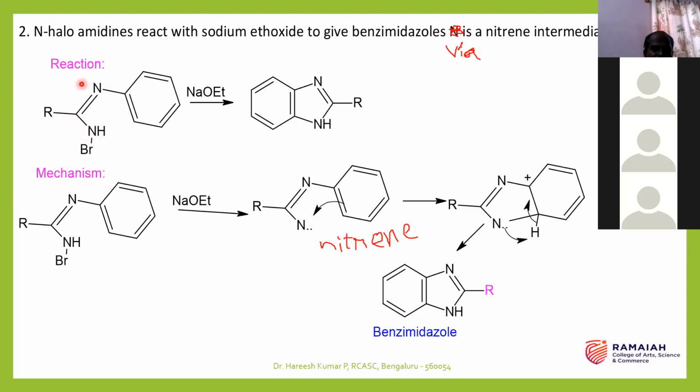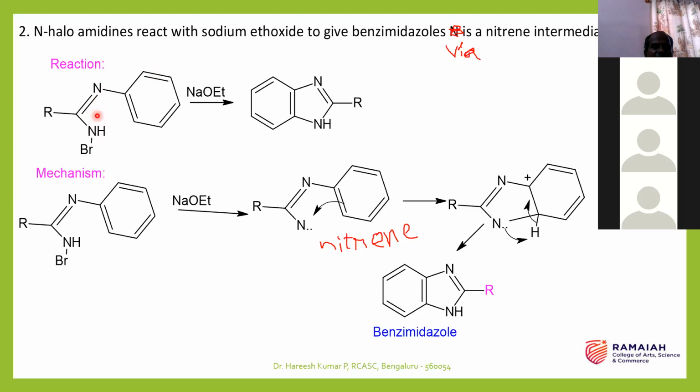This is a phenyl group, which belongs to aryl, and this is a bromine, which belongs to halo. So in general, these are N-haloamidines. Compounds containing this type of functional group are called amidines.